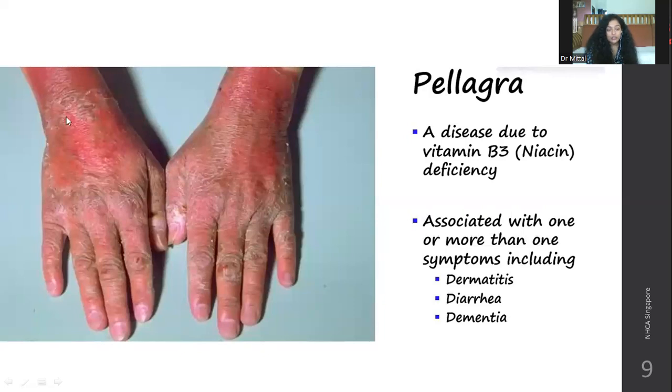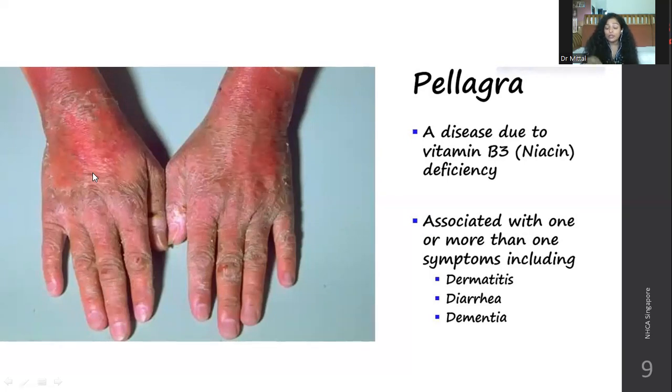So the redness that you see here over the hands, and the swelling, the redness which you will see here, that is dermatitis. Diarrhea, that we saw, the pellagral diarrhea that happens in the GI system. Dementia, that happens in the central nervous system. So three major systems of your body, three major organs of your body are involved.